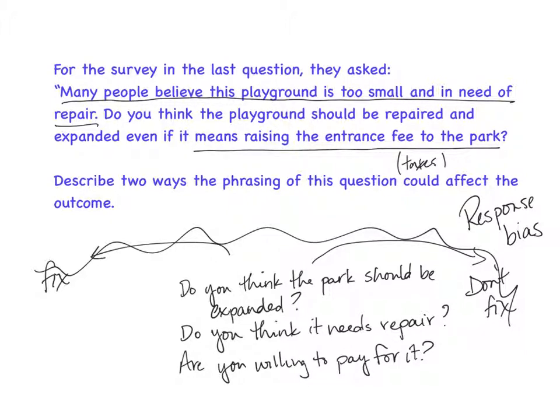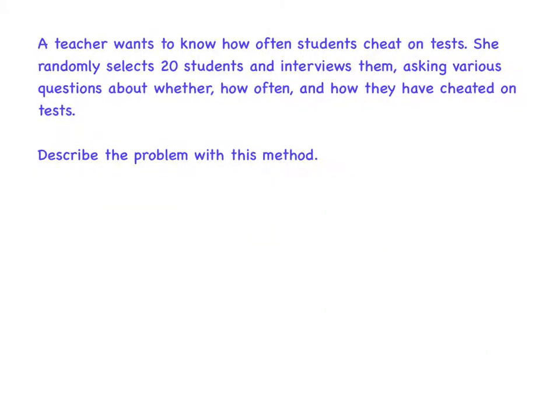I'm going to give you another example. A teacher wants to know how often students cheat on tests. She randomly selects 20 students and interviews them, asking various questions about whether, how often, and how they've cheated on tests. Now, there's a few things that can make this not so bad, but if she randomly selects 20 students in the entire school and they don't happen to be her students, students may not care about her knowing how and when they've cheated on tests.